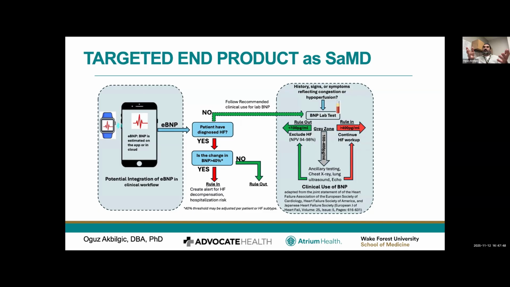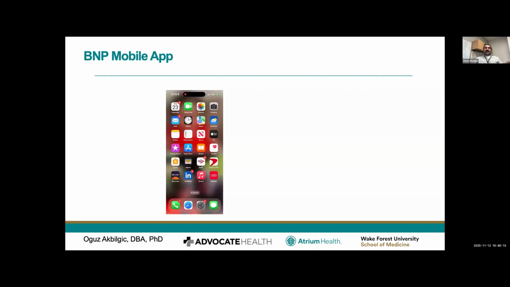If they have heart failure and their BNP is estimated to show more than a 40% increase compared to their baseline, it means they are at high risk for heart failure readmission, so we can connect them with their providers, maybe a televisit to adjust their Lasix. If their change is estimated to be less than 40%, they can be ruled out.